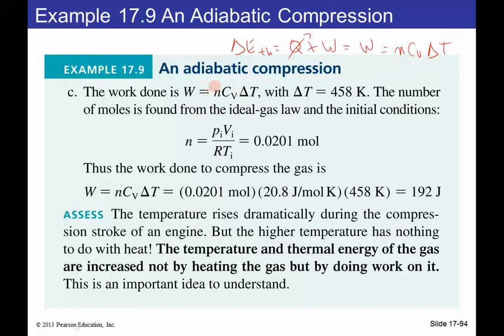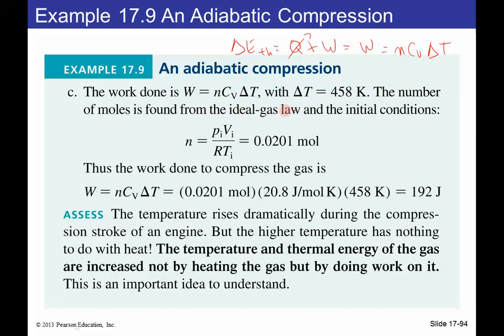So then we use that equation here. Delta T is 458 kelvins, and we put the numbers that we know. So we know delta T, we know CV, and the number of moles is found.